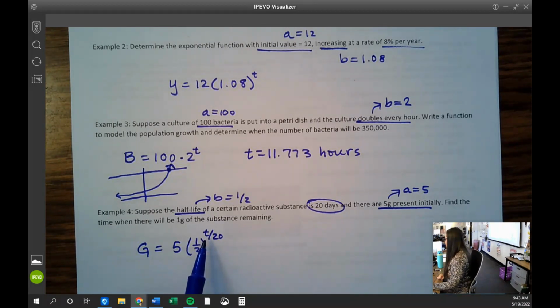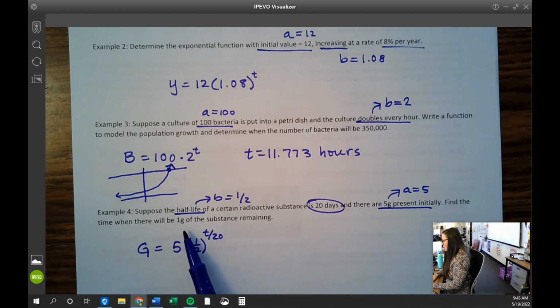Imagine there's a 20 here, right? 20 over 20 is 1, and now I will have reached 1 full half-life. And it won't cut in half again until T is 40, right? 40 divided by 20 would be 2. Now I've done 2 full half-lives. So whatever the length of your half-life is, you're going to have it in the exponent there, dividing by it.